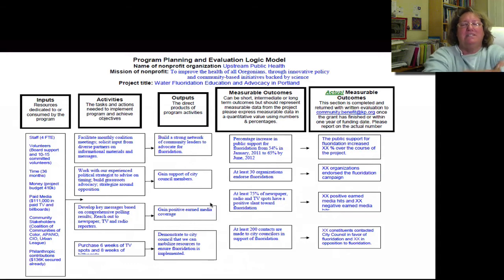I'm going to go back for a sec. So that's what I wanted to do as you read program evaluation content. I wanted to tie it to program plans because we're wanting to assess whether we've achieved, and this is important, whether we've achieved the outputs. That's really easy to document.